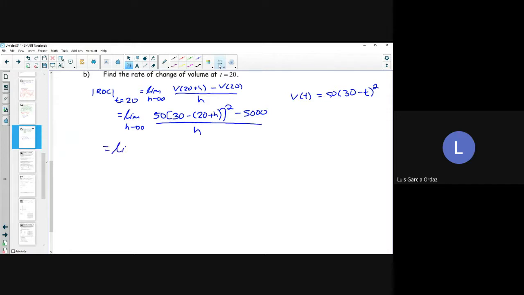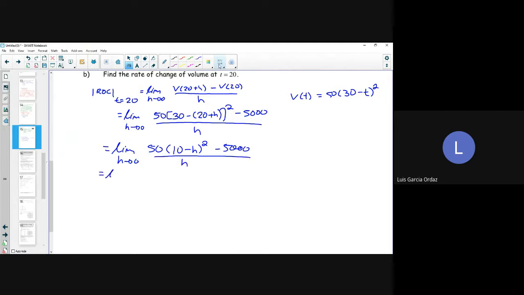Now we have to simplify our bracket. So we get 50 times (10 minus h) squared minus 5,000 all over h.